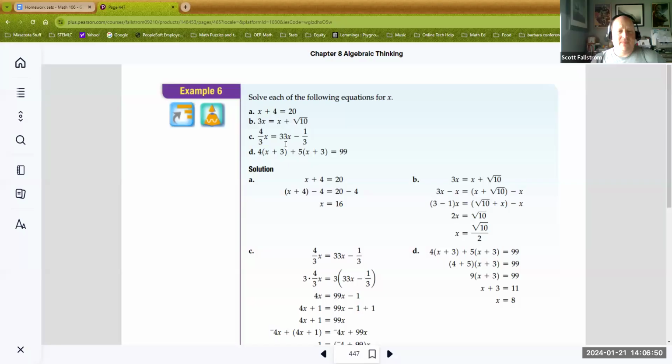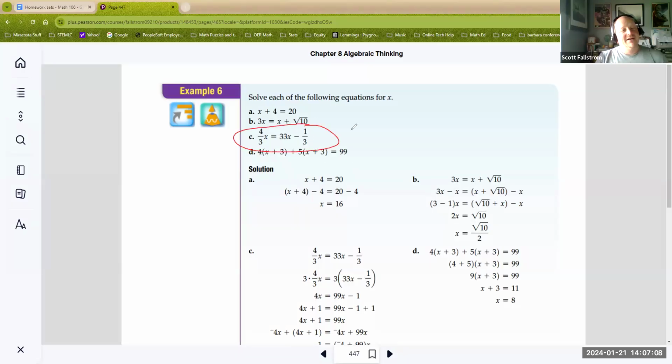All right, so take a look up here. Here's equations. Again, if you see equations have x's on both sides, take a moment, get the x's on one side, and then you're ready to play. And as a quick tip, if you happen to have fractions and you are thinking to yourself, fractions, why? Take a moment before you get going and realize you are completely in charge of this.